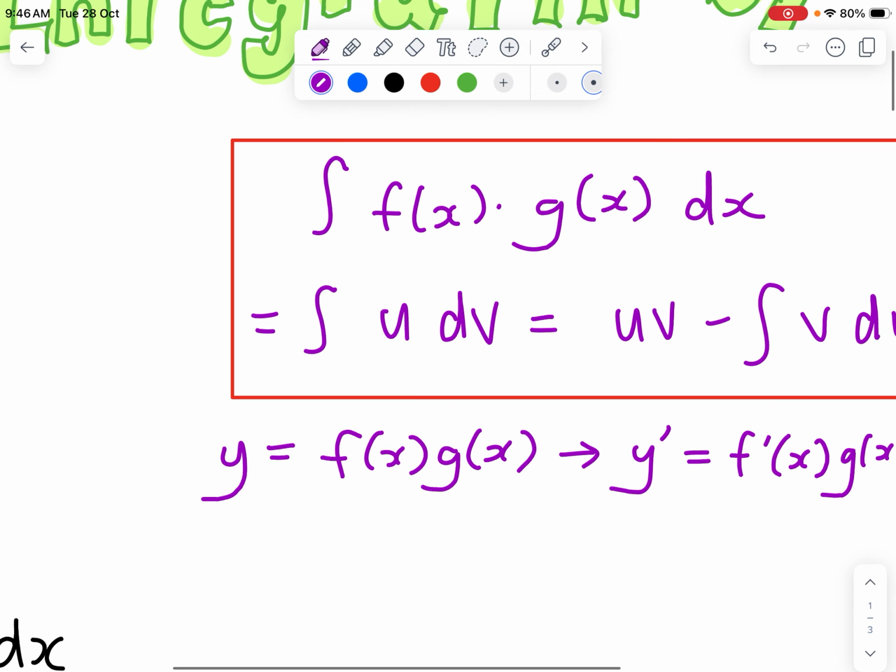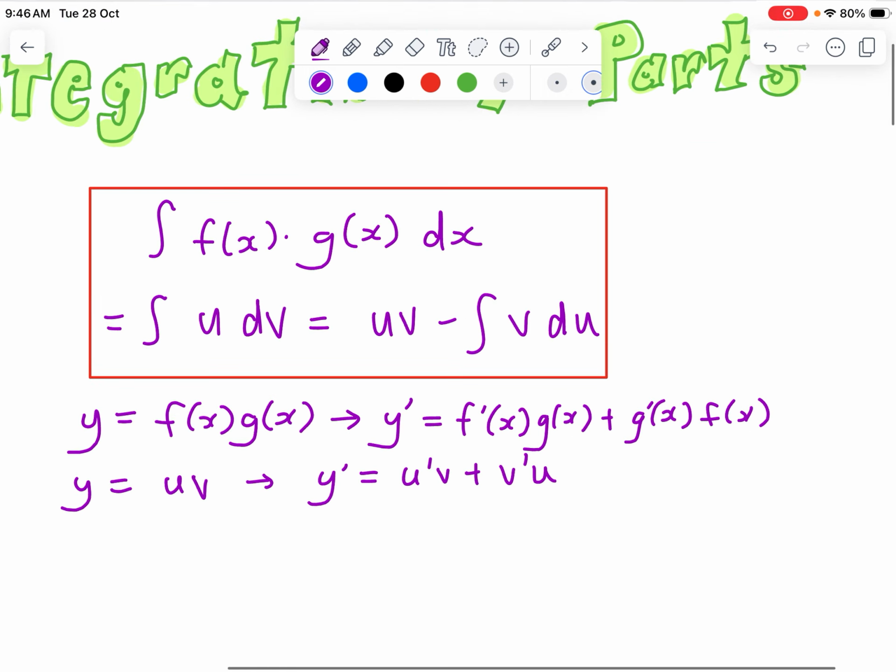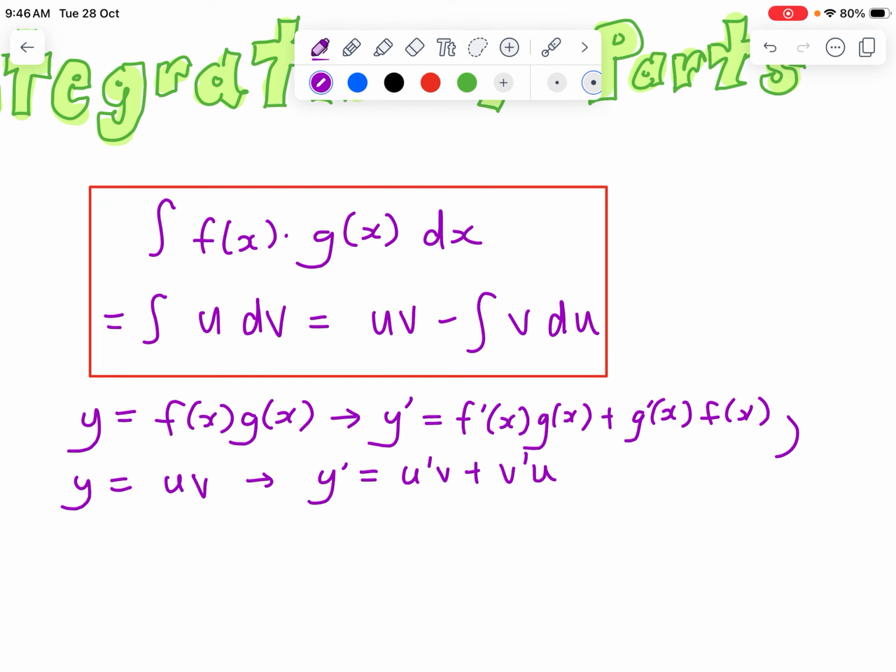Or some people like to remember it by, you have u times v, and the derivative of that is u prime v plus v prime u, which is exactly the same thing. So we know how to derive a product, but how do we integrate it?